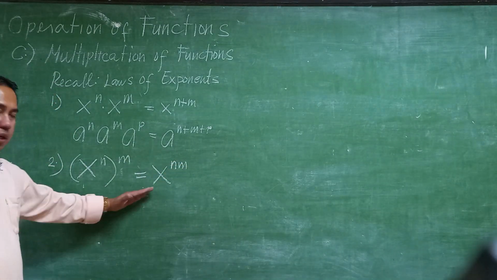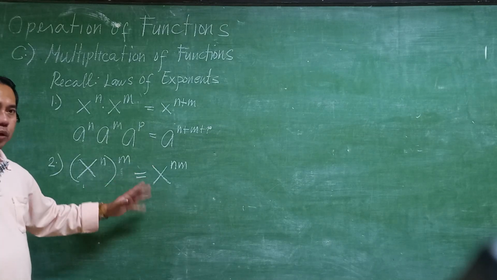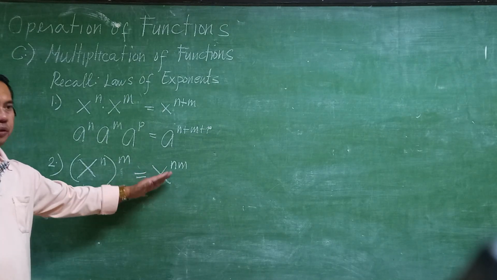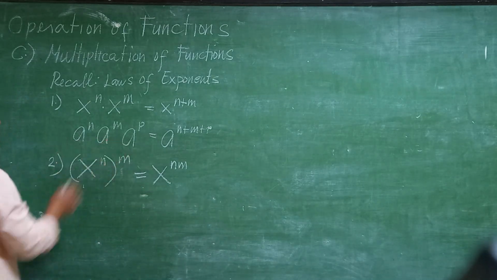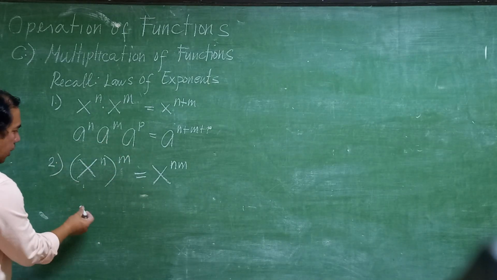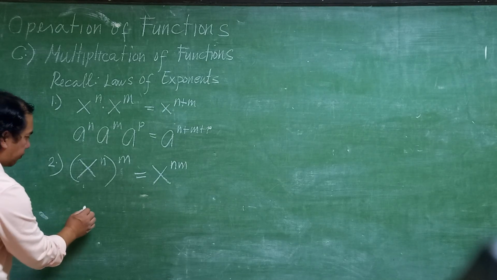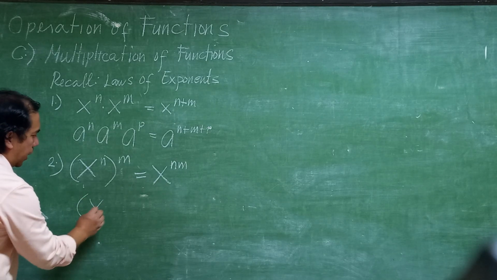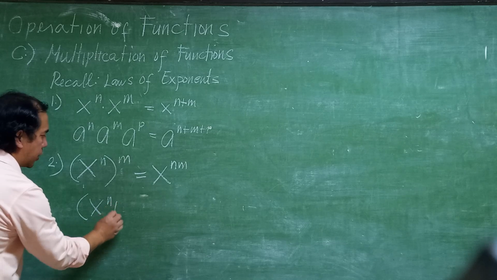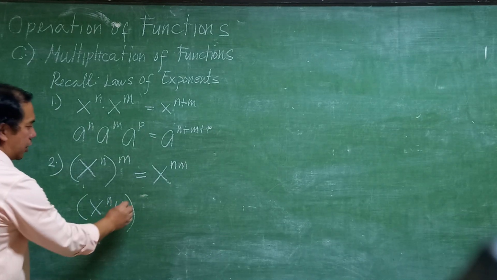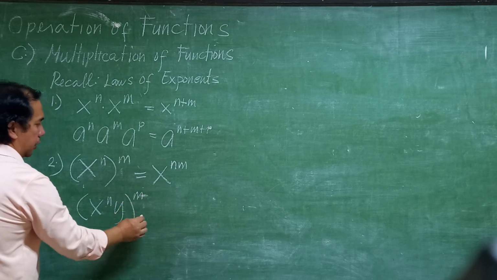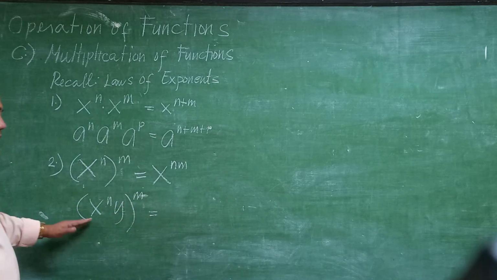Again, if they are numbers, meaning to say, we comply with the dictate of the exponent, and we get the product. So if we have the quantity x raised to n times y, and then raised to another exponent m, how is that?